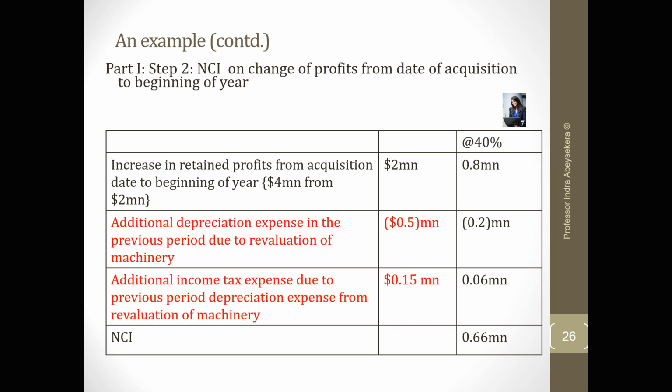In addition, in the intergroup transaction consolidation journal entries, we had a debit of 0.5 and a credit of 0.15 for the additional depreciation expense that we had to record because of the revaluation. 40% of those should be assigned to non-controlling interest. When we add all of them after assigning the 40% interest, it becomes 6 million.